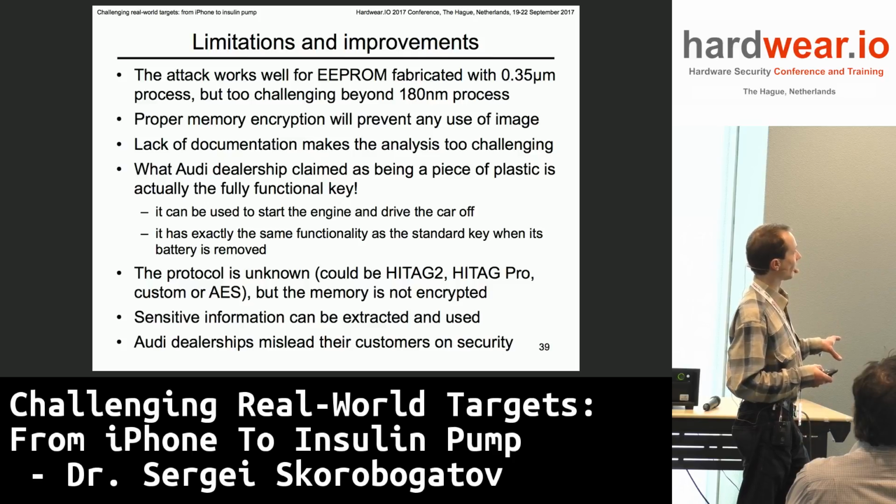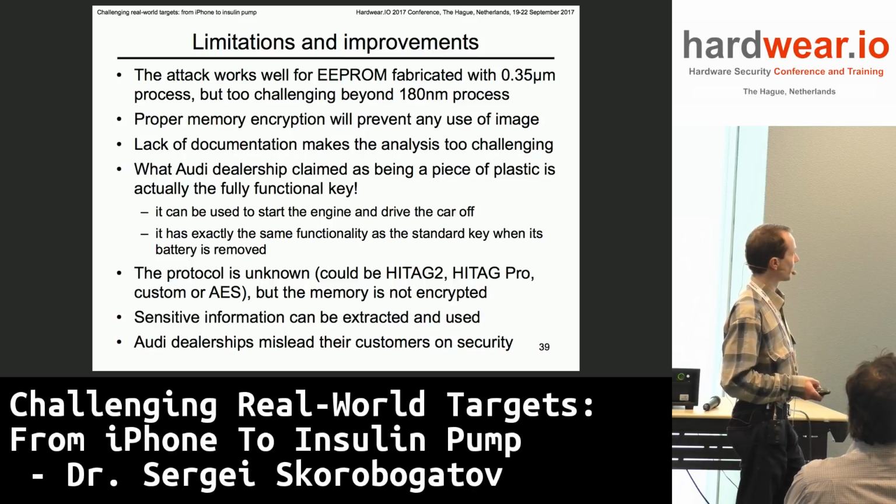What I didn't know is what exact protocol they use in those keys, because it might be high-tech, it might be AES, or it might be a proprietary protocol. The sensitive information can still be extracted, but if you don't know what protocol they use, then you obviously won't be able to use the data.